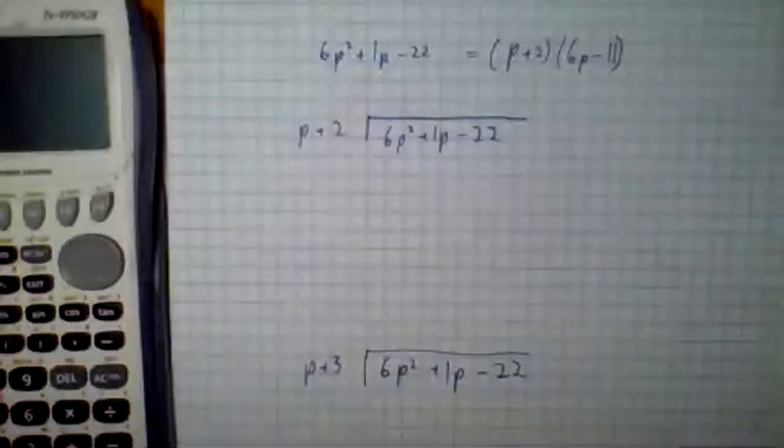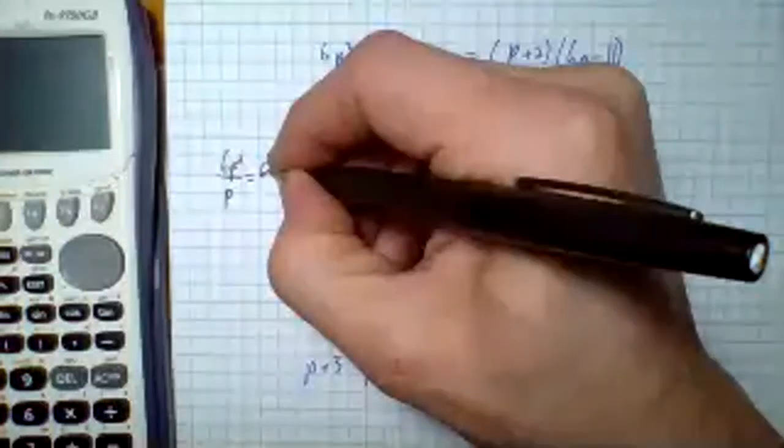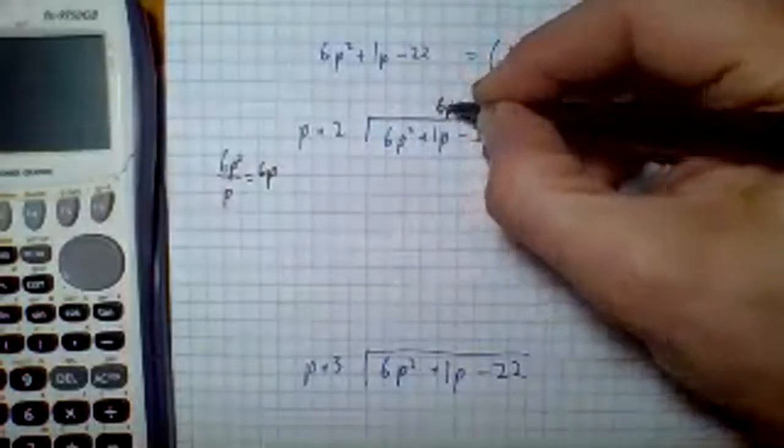And get a little more practice with the division stuff, which we wanted to do anyway. So off to the side, my first term is 6p squared divided by my first term here of p. I get 6p. That's the first term of my quotient then.